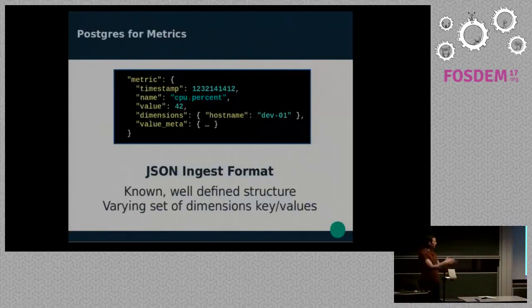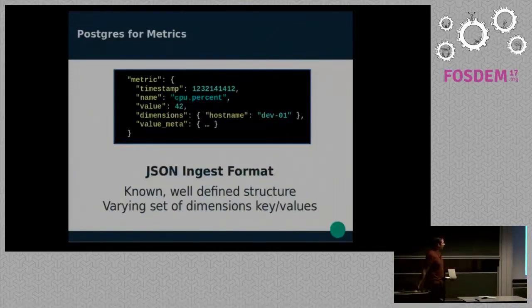The data and the queries for this is the next thing we'll look at. The data comes into this system in JSON format because everything's JSON, the new XML. The structure is kind of irrelevant for this talk, but you get a timestamp, you get a name, you get the value, and you get a set of dimensions, a list of tags essentially, key value pairs.